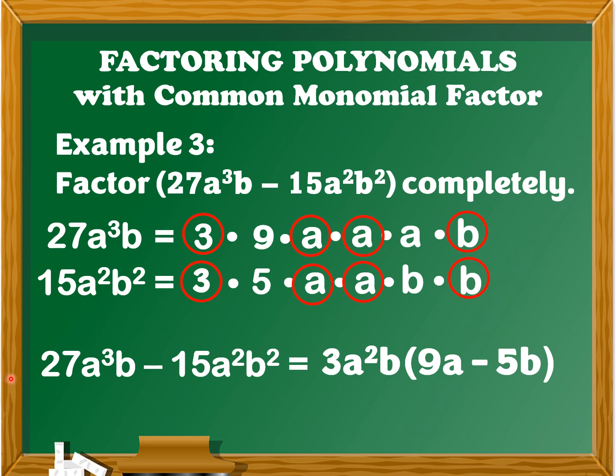And then we will copy the operation, which is subtraction. And for the remaining factors of 15a squared b squared, we have 5 and b. So we will multiply 5 times b equals 5b. Therefore, the factors of 27a cubed b minus 15a squared b squared is 3a squared b times 9a minus 5b.